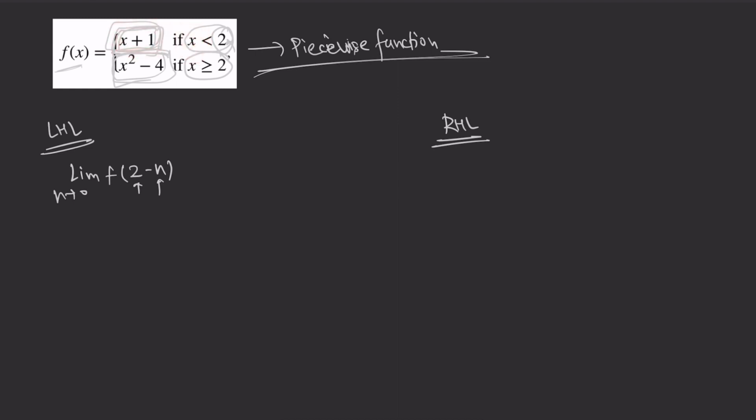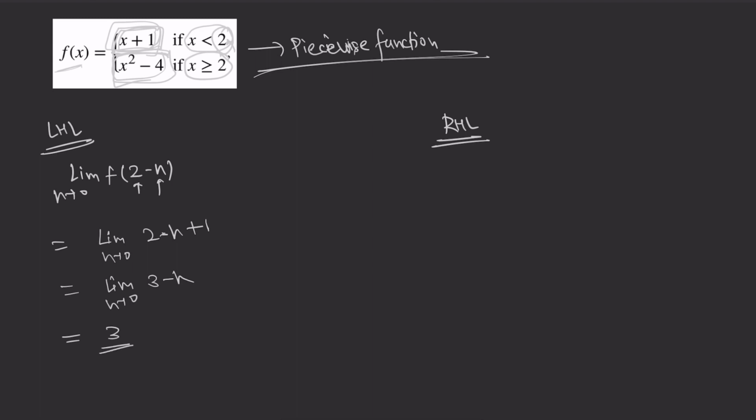So I'll put 2 minus h in the place of x in x plus 1. This will be the limit as h tends to 0 of 2 minus h plus 1, which is 3 minus h, and this will be 3 when h goes to 0.